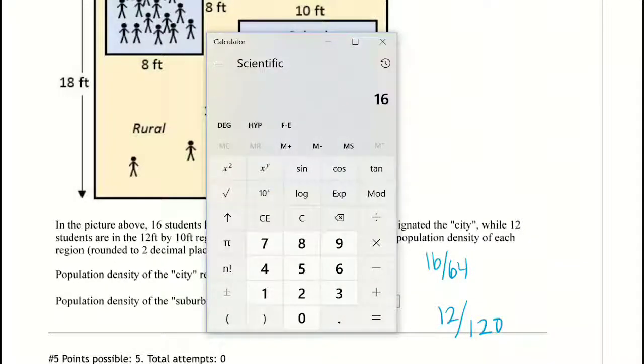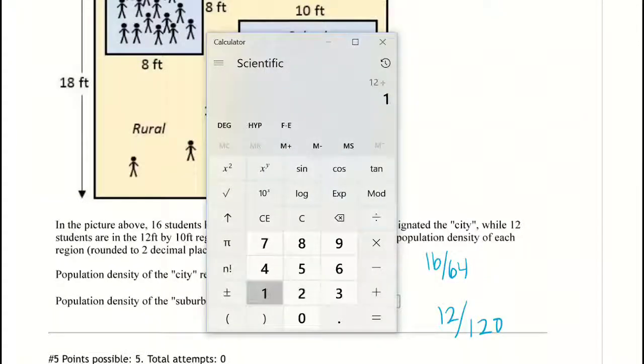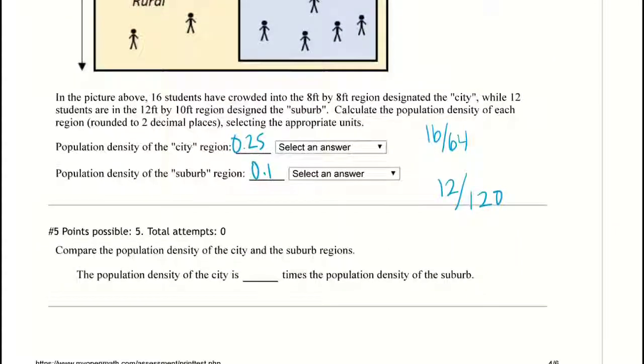So we can compare the city and suburb population densities. Now city means more people are closely living together, so 0.25, whereas a suburb, they're kind of a little bit more spread out, so 0.1. So we can say the city is about 2.5 times more dense, that means more people in an area, than the suburb.